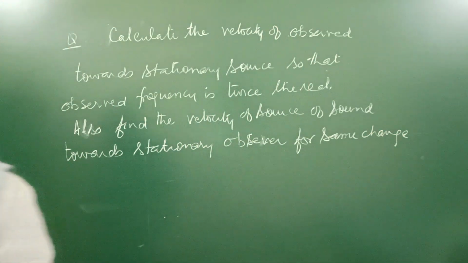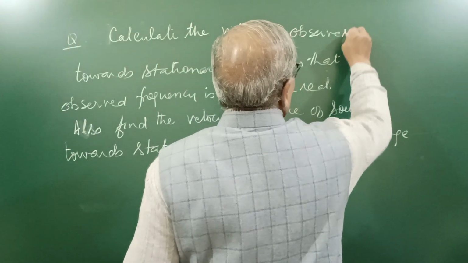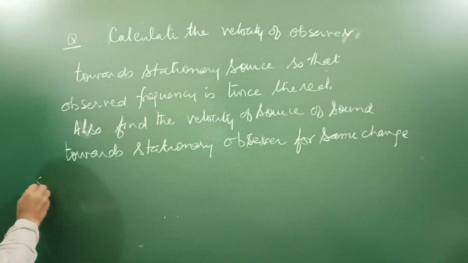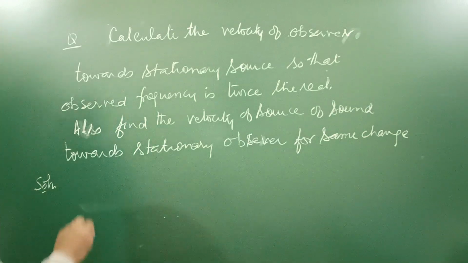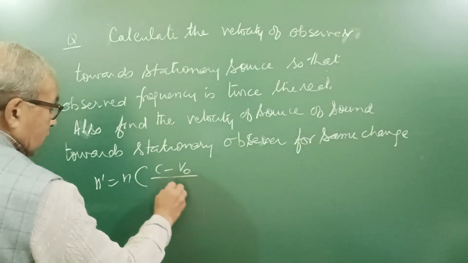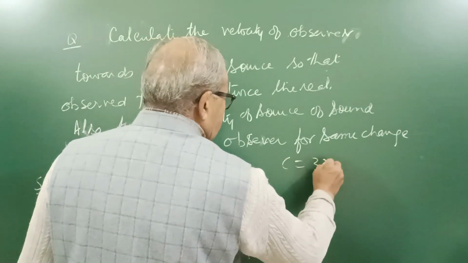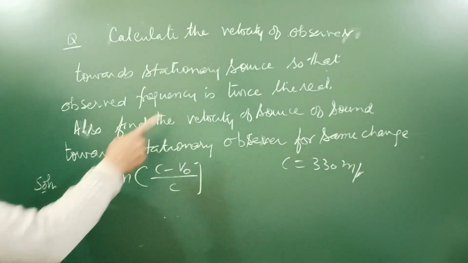For what is said above, that the frequency becomes twice, we have to work it out in both cases. First I said find the velocity of the observer towards a stationary source. So the solution is like this: when the observer moves, n dash equals n into c minus v upon c. Take c as c here; generally it is taken as 330, but I will use c. Now n dash should be twice n.